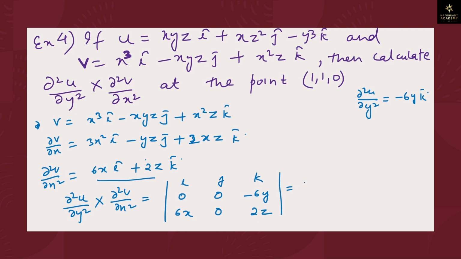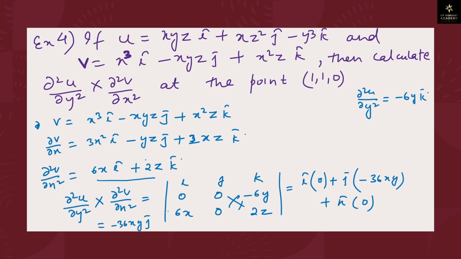So this is equal to i cap coefficient is 0, plus j cap, this is minus 36xy, plus k cap coefficient 0. So the value of this is minus 36xy j cap.